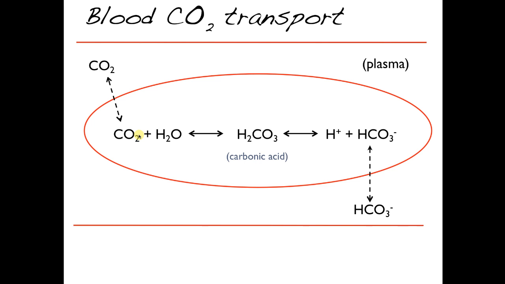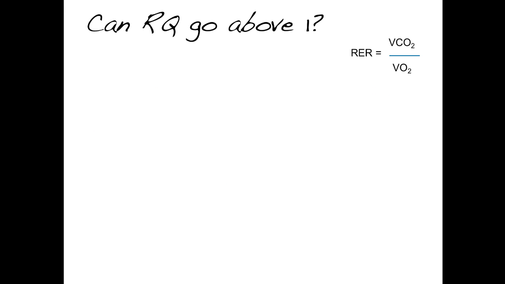The reason for this is with greater breathing frequency, more carbon dioxide is leaving the blood. So the bottom line is, can RQ really go above 1? And the answer is absolutely not. RQ, VCO2 divided by VO2 at the tissue, does not go above 1.